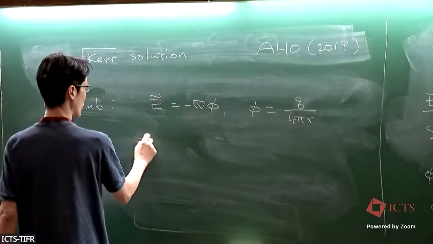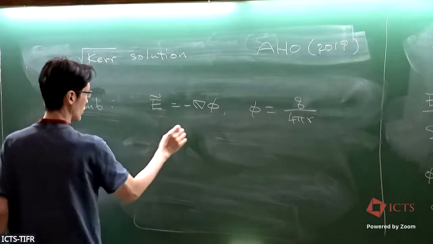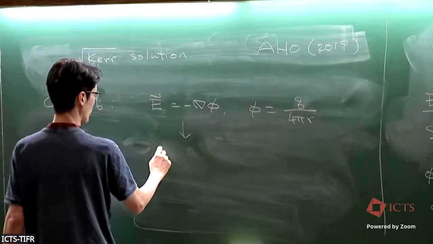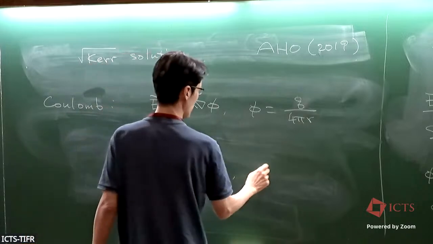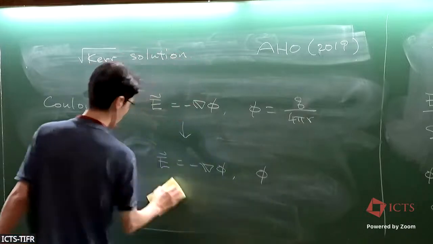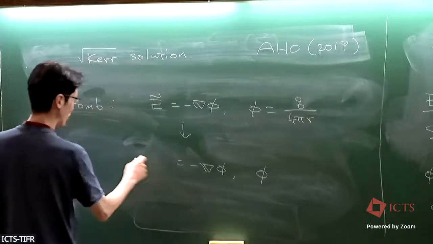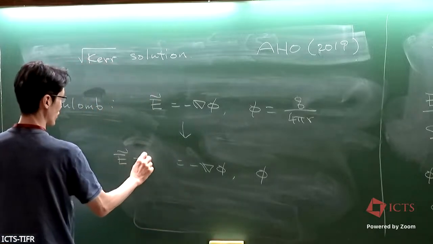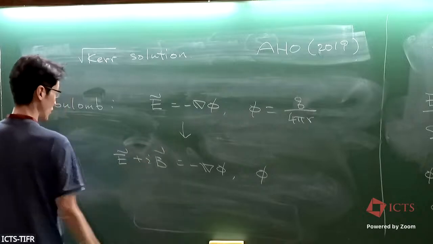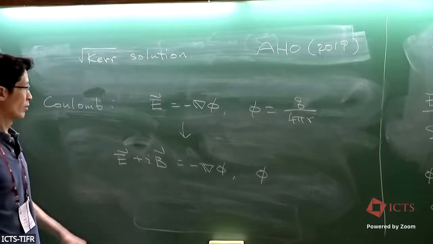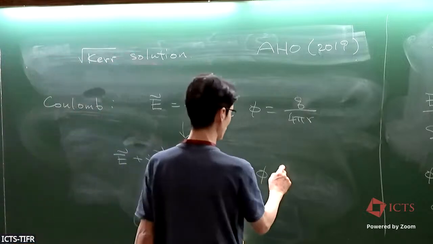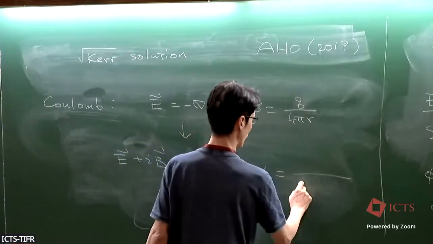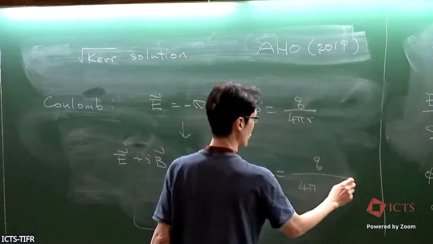So after the complexification, you still use the relation, but now phi is complex valued, and you have this self-dual combination waiting for the solution, and this is phi equals q over 4 pi.